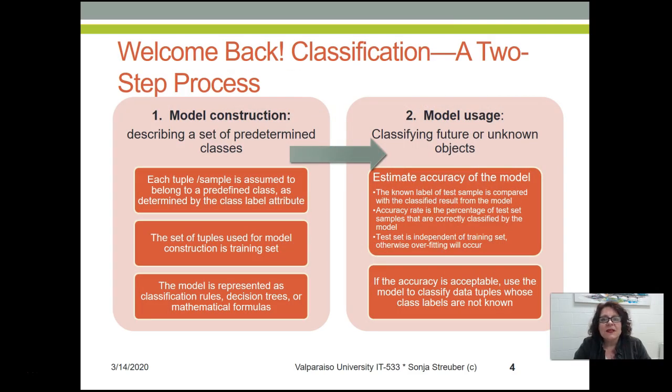Classification is really a two-step process. Of course, in step 0, we always want to make sure that our data set is appropriately pre-processed, and that means that we have removed any kinds of NAs, that is, we have developed a strategy of handling missing values.